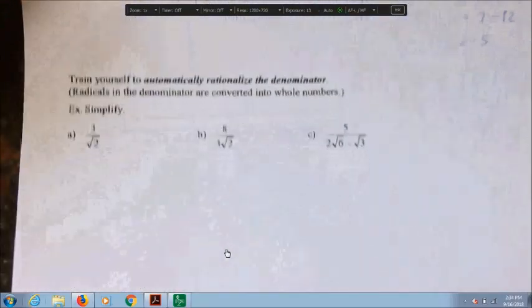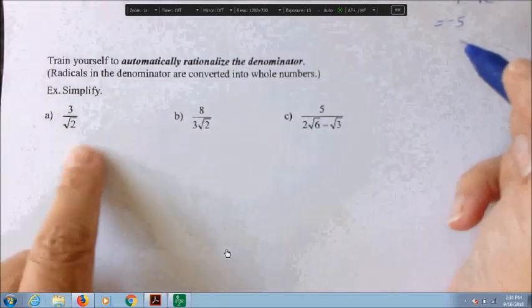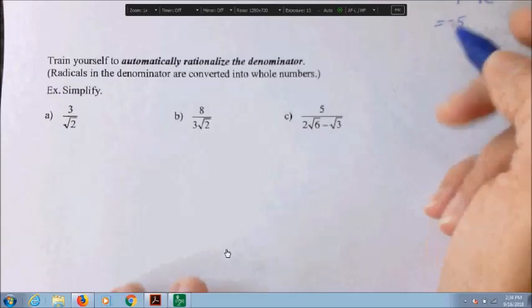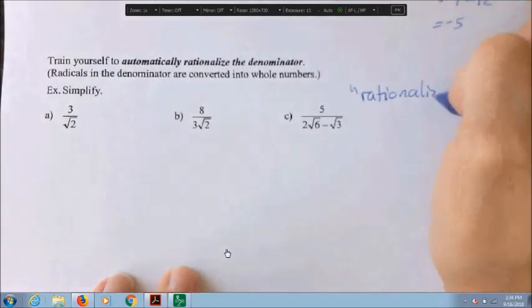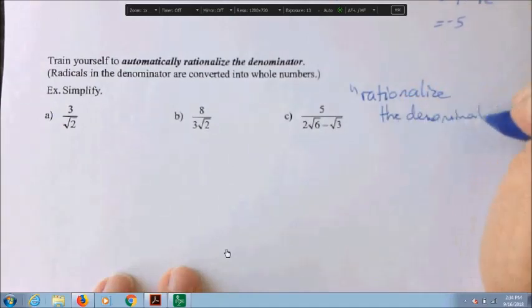The last thing is that note about how the denominator can never have a radical in it. So we're going to take expressions that have radicals in the denominator and change them so that they don't. And the process is called rationalizing the denominator.